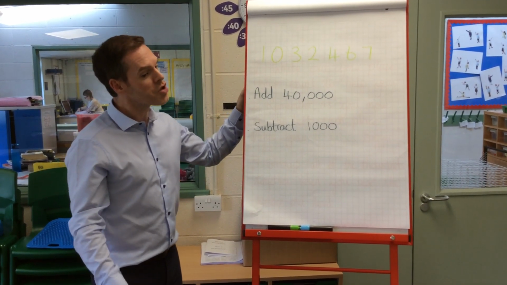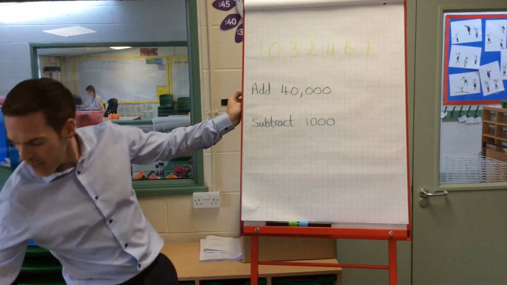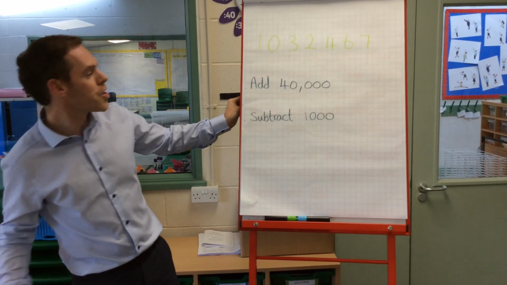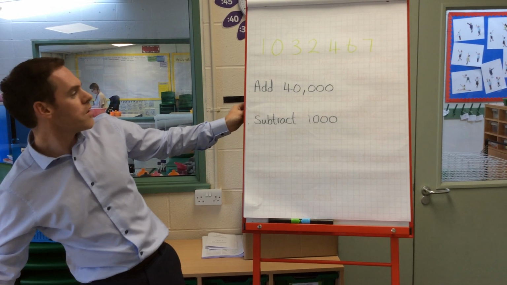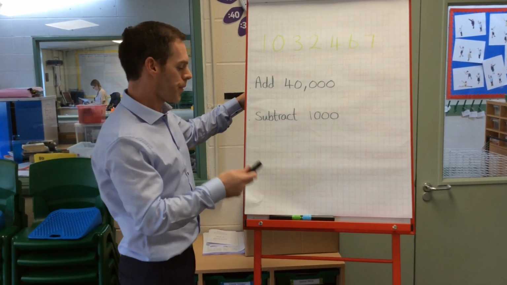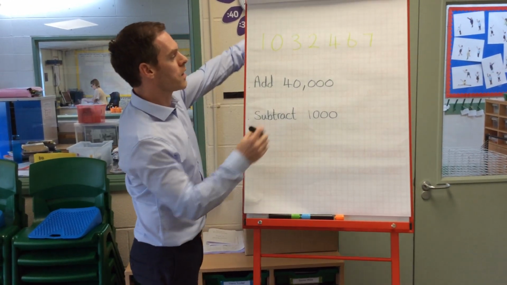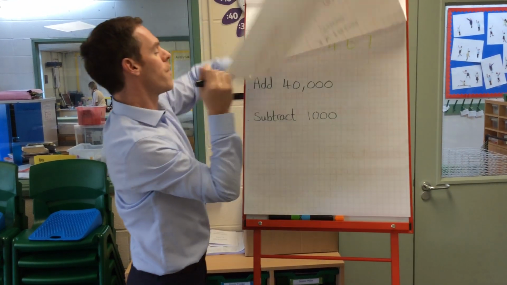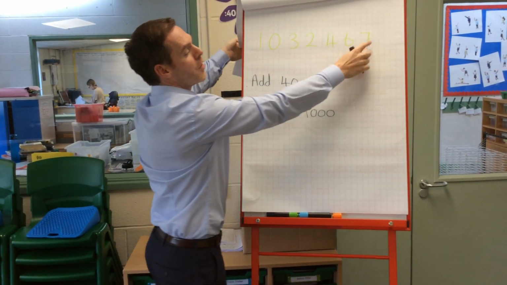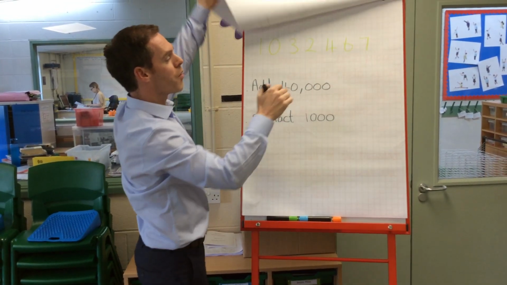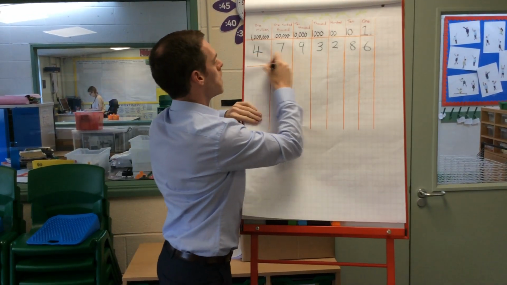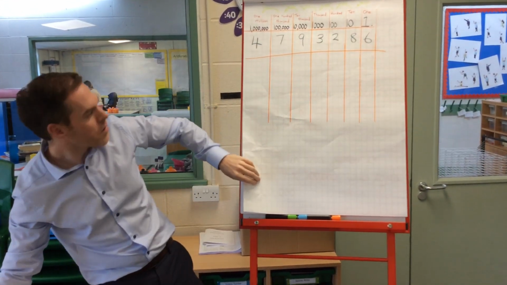And again, if I wasn't sure, I could write this number in my place value chart. I could go back and write that in. So I'm just going to do that really quickly. And go back. So it's 764. So remember, you always start at your ones column, which is furthest to the right. So I'm going to write that one down here. I'm going to choose orange because it's already in orange.